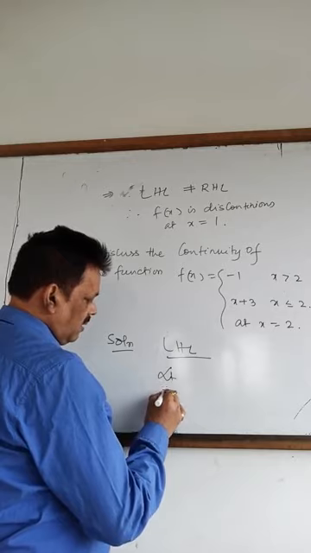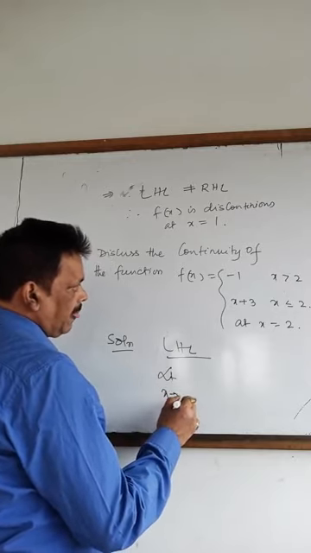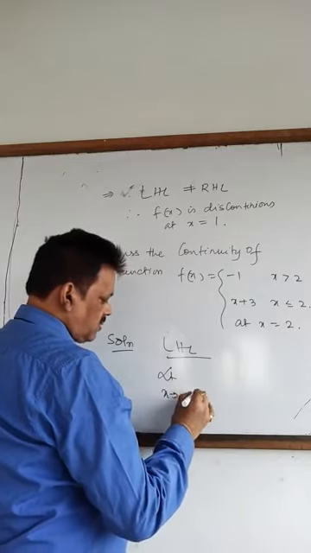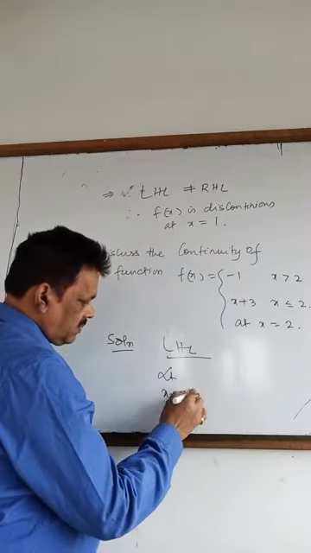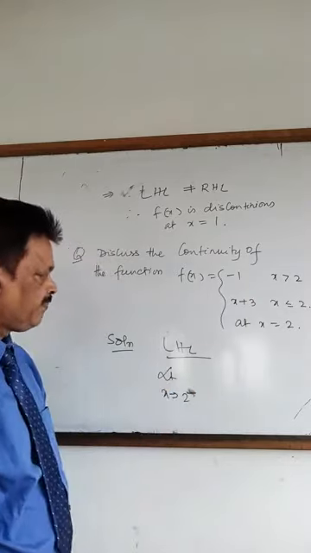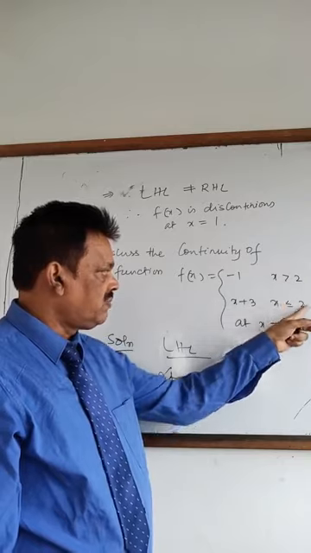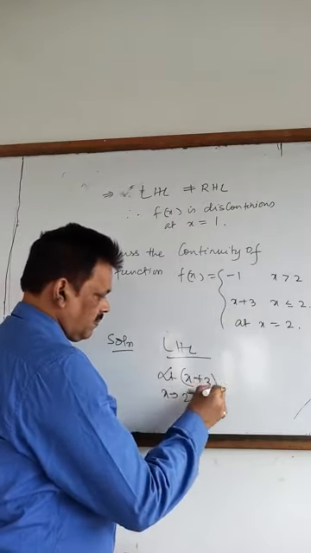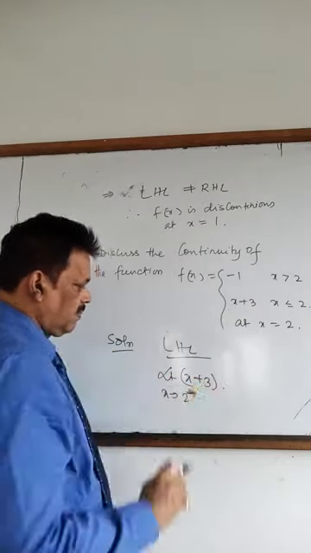Limit x tends to 2 minus, because you have taken left hand limit. 2 minus means less than, 2 plus means greater than. So 2 minus means you will write here x plus 3. How to calculate?